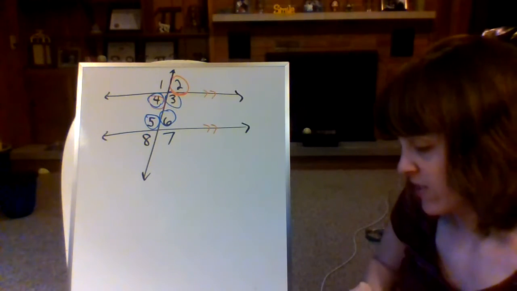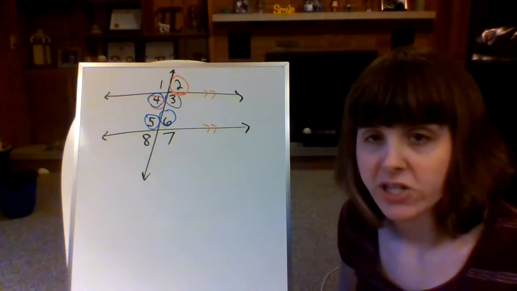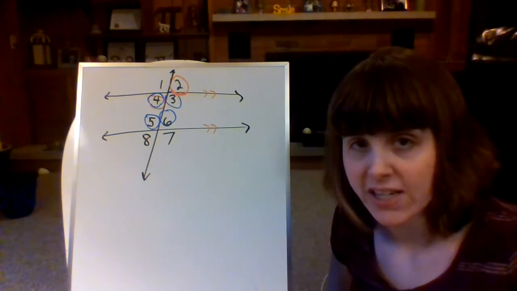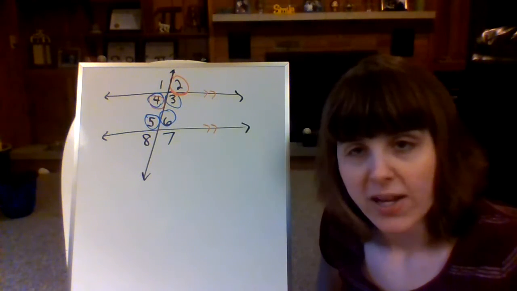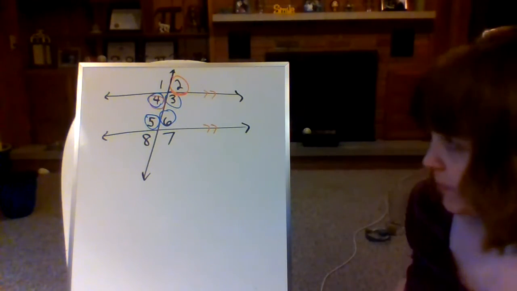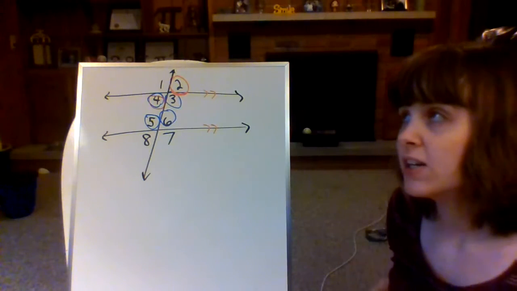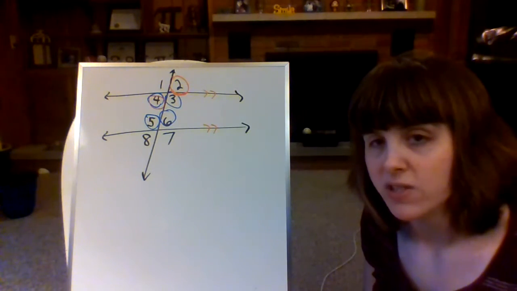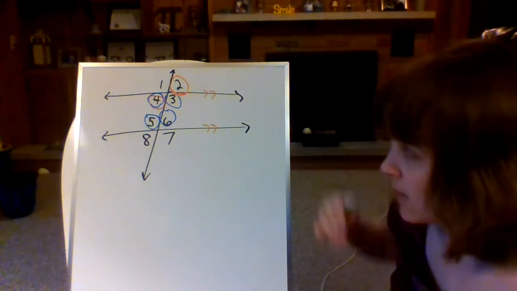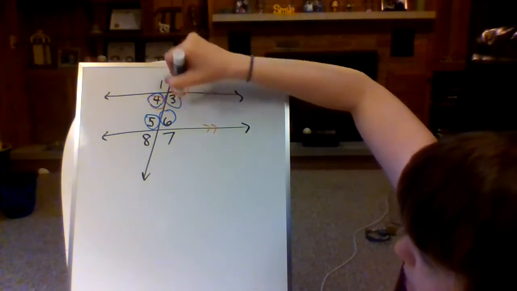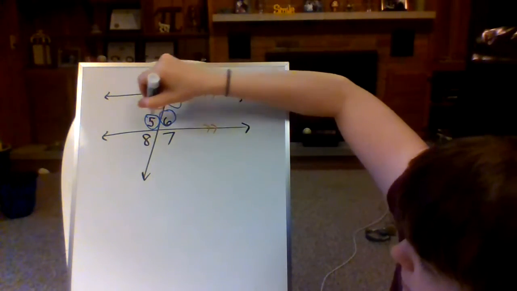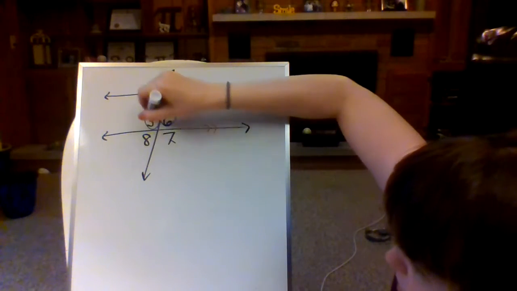Okay, vertical angles and the ones we just mentioned, alternate interior, alternate exterior, and corresponding angles are all equal. So an angle pair, if they're one of those, they're equal to each other. So here, 2 and 4 would be equal. 1 and 3 are vertical angles, they would be equal. 5 and 7 are vertical angles, they're equal.